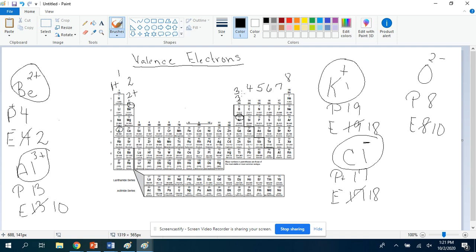And these make +3 ions. We're not going to put anything here. If you want to put Na, that's fine. No charges there. These guys make -1 ions. These guys make -2 ions. And these guys make -3 ions, all of them. Okay, so there is an explanation of ions and why they make the charges that they do.